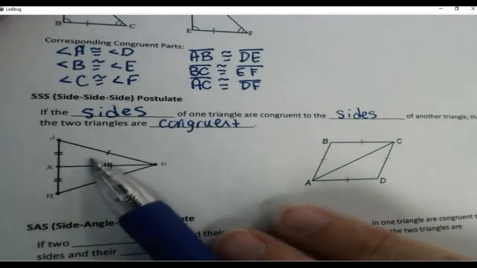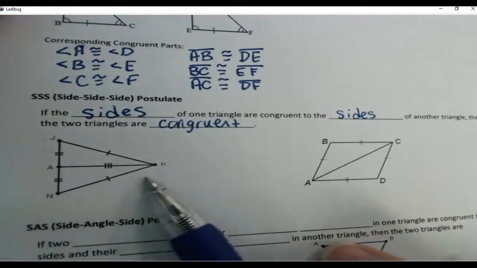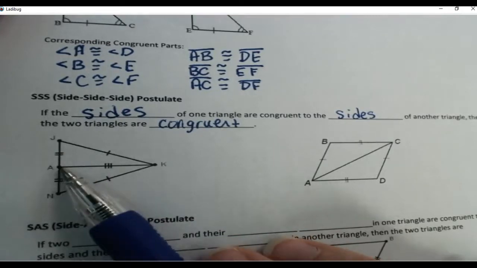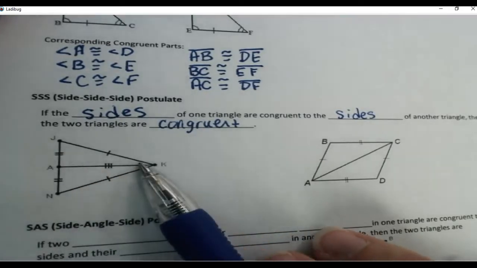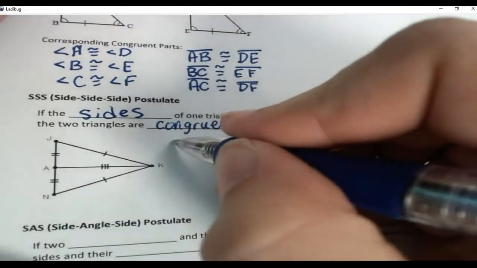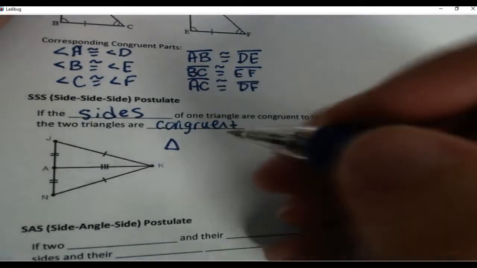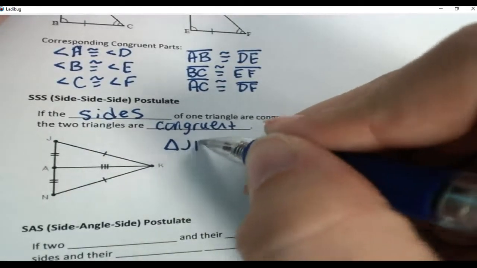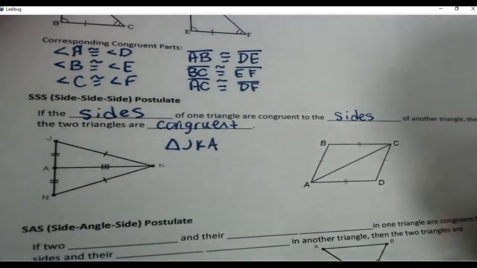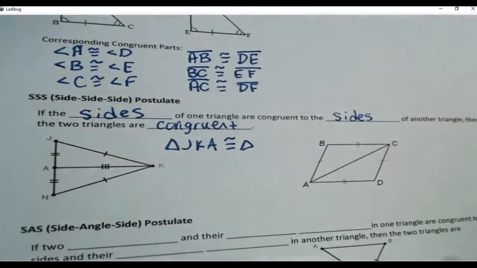So if we look at this first one, I have the tick mark. So I know JK and NK. I know JA and NA, and then AK and AK, of course, equals itself. So if we wanted to write our statement, we would say triangle JKA is congruent to triangle.